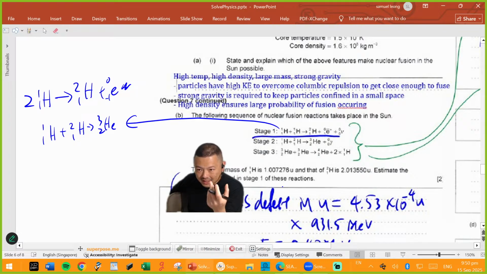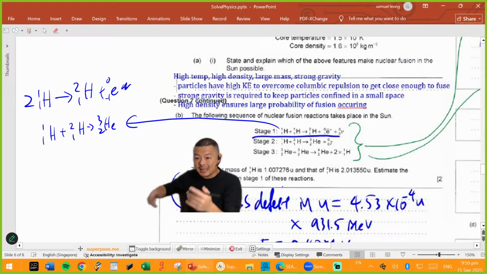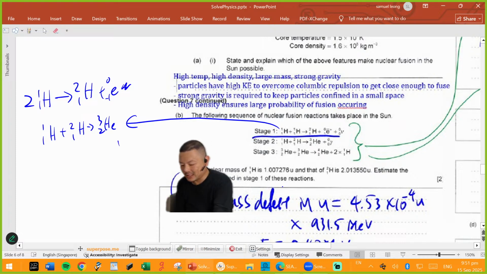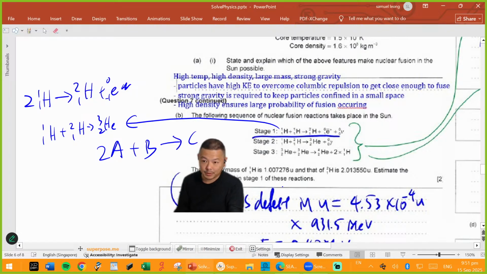Your friend mentioned limiting reagent. If it's limiting reagent, then they'll probably tell you I have this number of A, say for example A and B, like 2A plus B gives me C, okay? Let's say 2A will react with B, right?